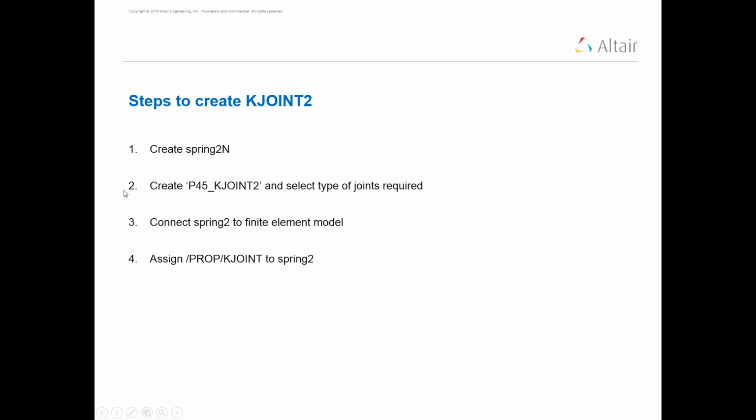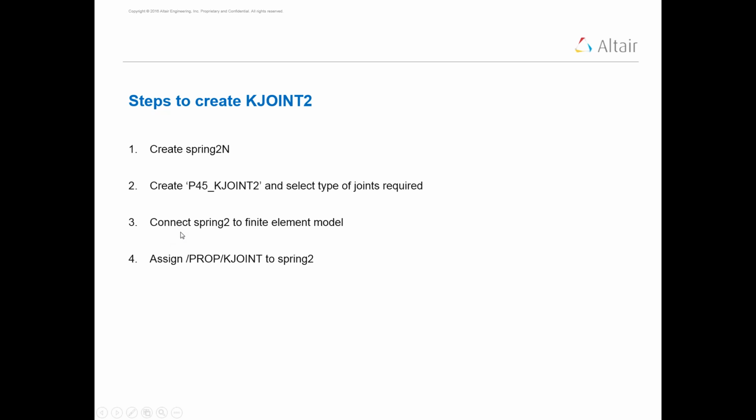In property, there is a card image P45 KJOINT2. We have to select P45 KJOINT2, and within that property there are many types of joints like cylindrical, spherical, revolute joint, etc. We need to select type 2 to indicate a revolute joint.